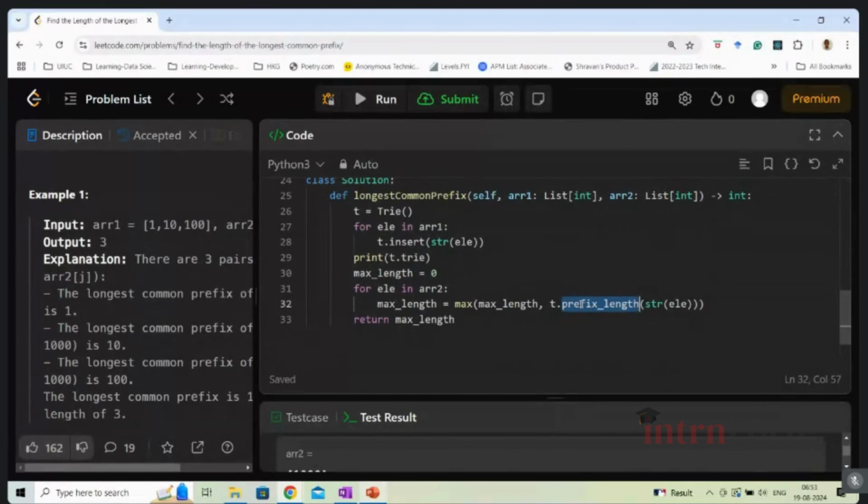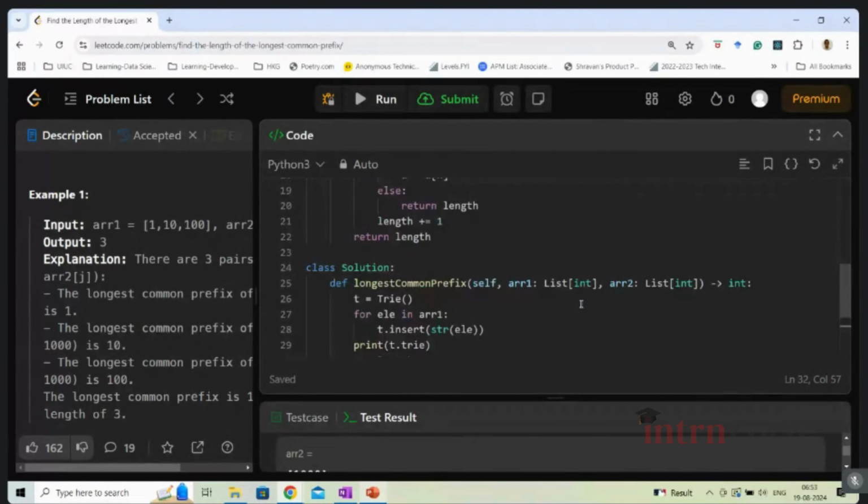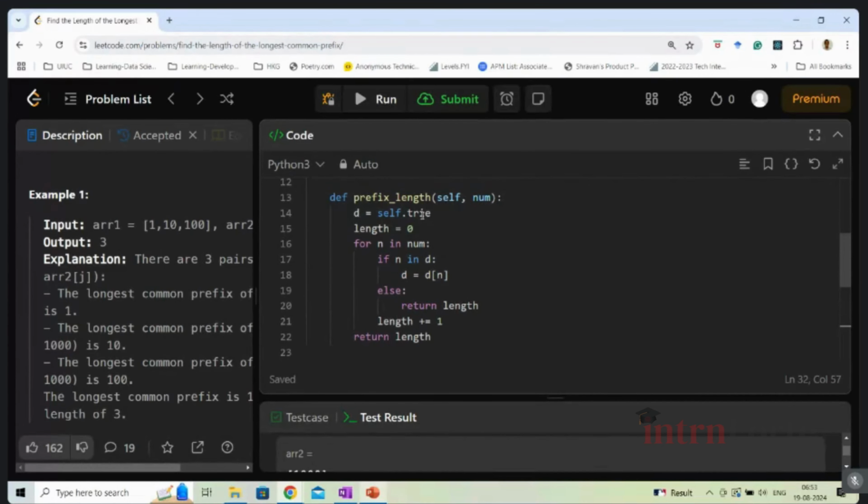Now, how do we find the longest prefix length? Again, we will be looping through every single character in the number which is provided to us, the string representation of the number. And if it is present, we navigate inside. Otherwise, we return the length which is already calculated so far, and we start from 0, right?